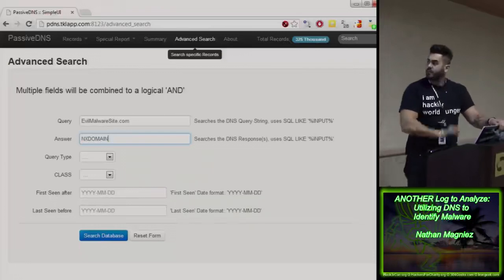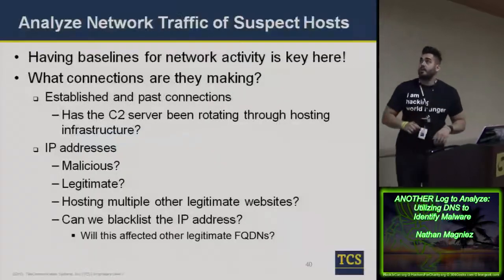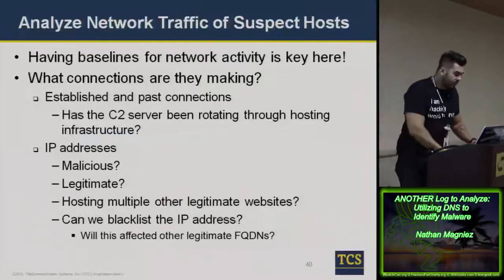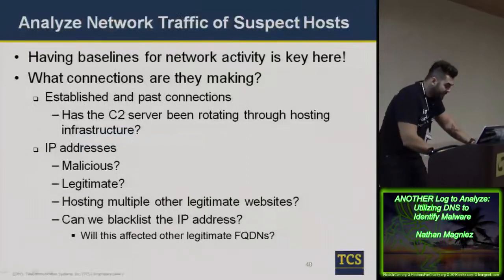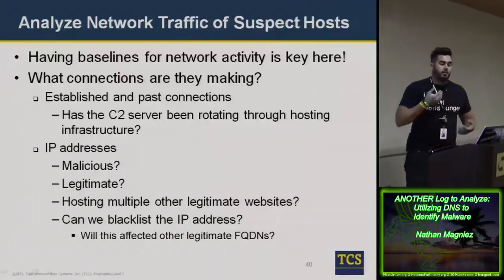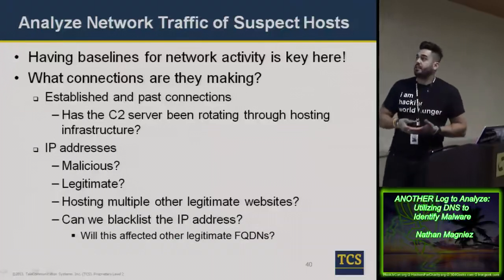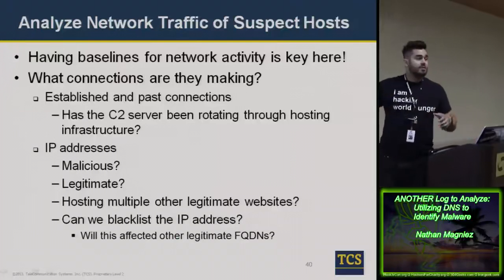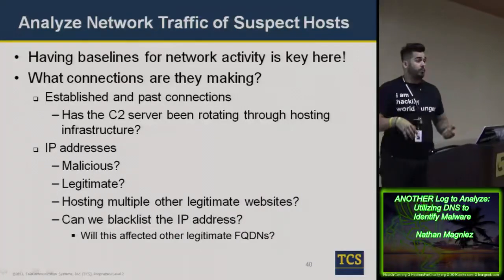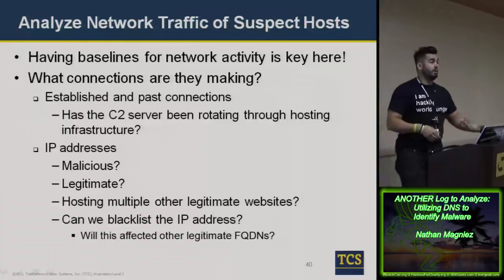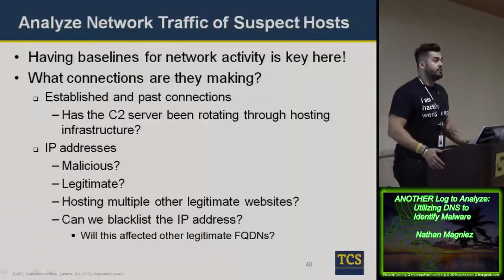All right. So as I mentioned before, if we've identified a suspected host, what can we do at that point? Having the baselines is key here. What connections are they making, and what was normal for them a month ago, a week ago, that we can compare this information to?